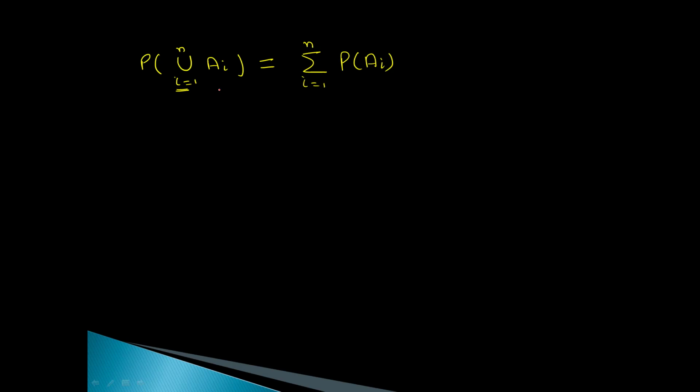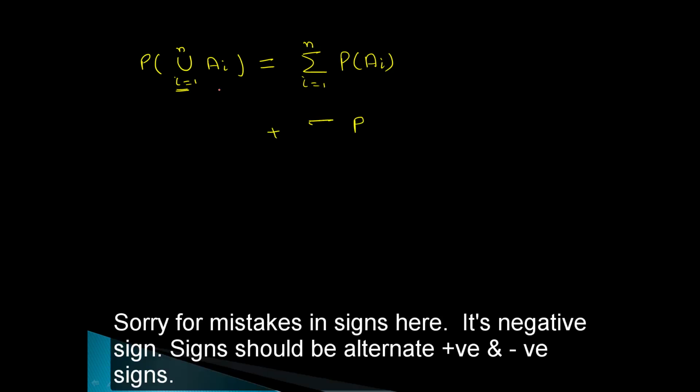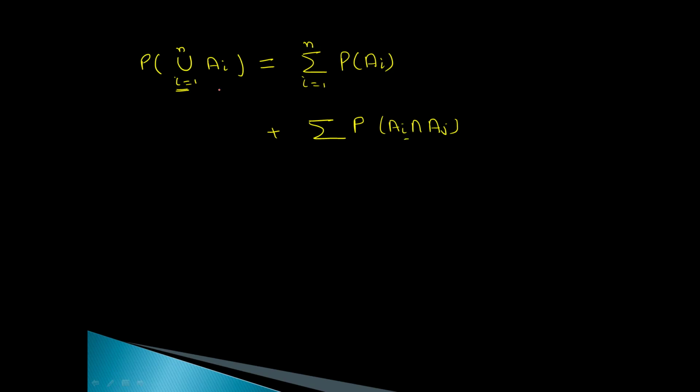Next we need to add up the pairwise probabilities. So the pairwise probabilities are P(Ai intersection Aj). When we write i and j, both i and j can take values from 1 to n. You can write it as equal to 1 up to n, or you can write belongs to 1 to n, or write it in notation taking values 1 to n.